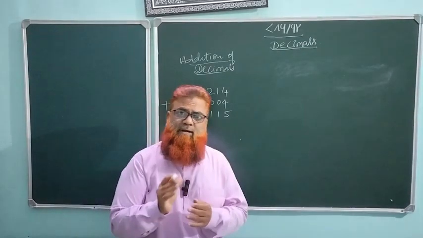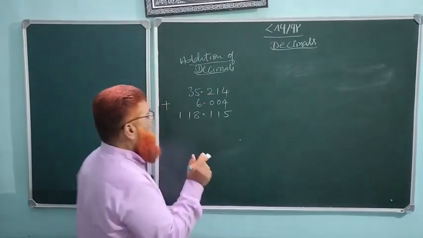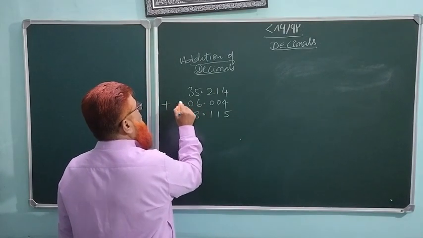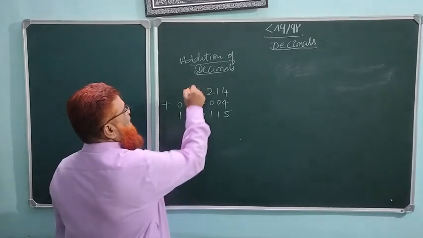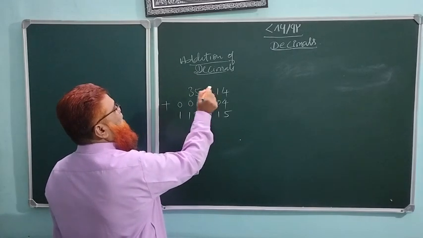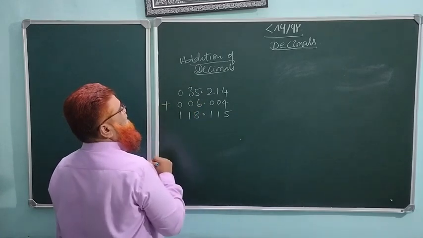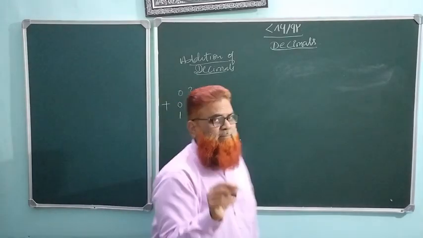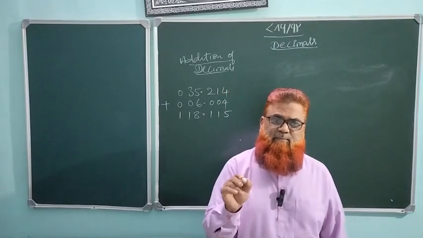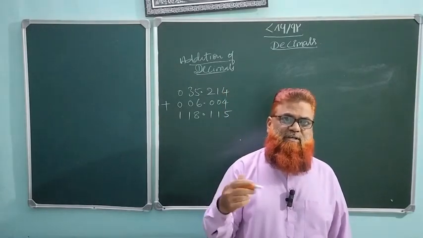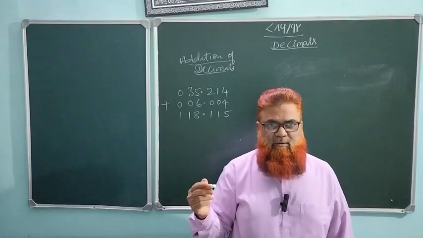To avoid confusion, for the second number the tens place digit is 0 and the hundreds place digit is also 0, and the first number is 35. The unit and tens places are covered, the hundreds place is empty. Whichever places are empty or blank, we consider that place value as 0, just to avoid confusion while carrying out the addition.